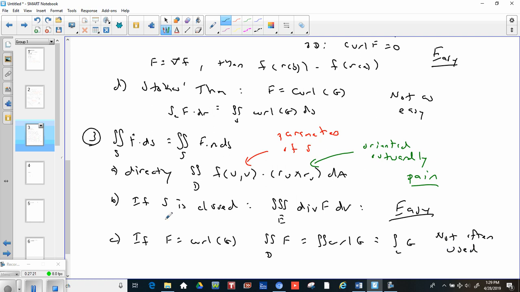I think I have one example where we might do it this way. Other than that, it's not really something that we're going to look at. So for the most part, A and B are going to be the ways to do it if you encounter example number 3 here.